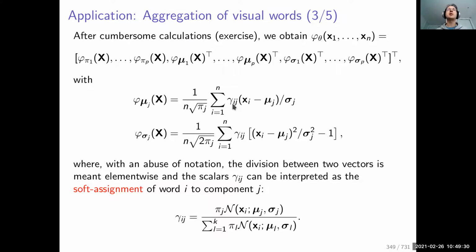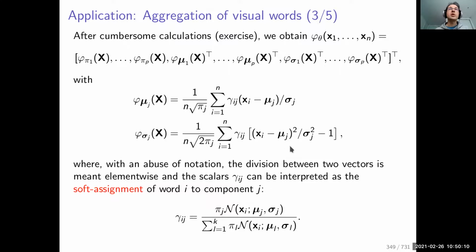But then at the end, we get this quantity that looks like what we had before for the Gaussian distribution, which is still encoding a discrepancy, a weighted average of the part that is assigned to a specific Gaussian component. We encode the discrepancy with respect to mu j, which is simply the mean of this component. So again, this is encoding the discrepancy between empirical first order moments and the ones from the probabilistic model that has been fitted.